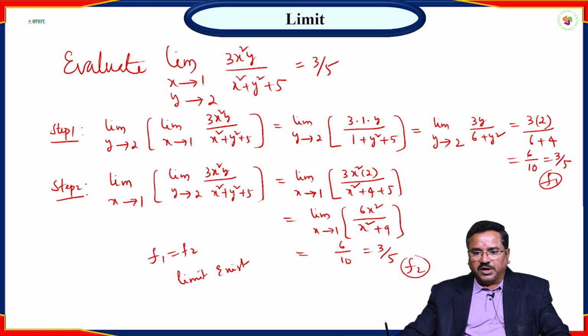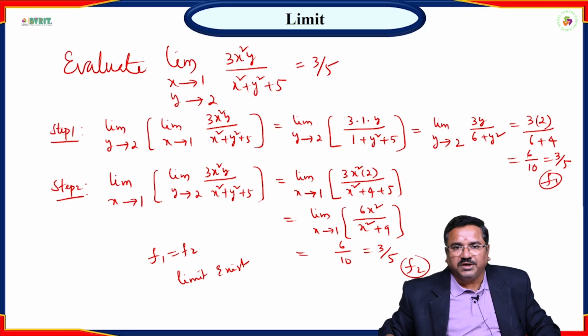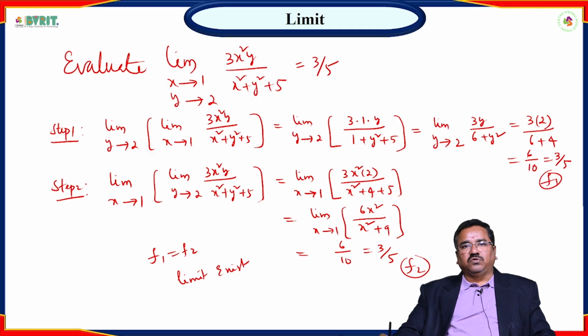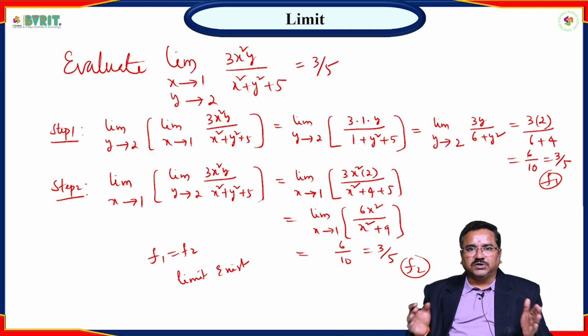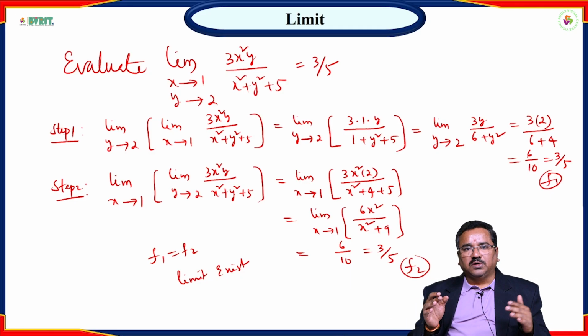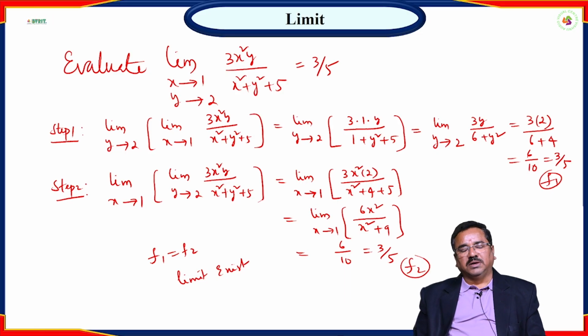So let me quickly summarize how to find the limit of a function of two variables. I categorize into 2: how to compute the limit about origin, and limit other than origin. Limit about origin, I gave 4 steps: x to 0 then y to 0, then y to 0 then x to 0. If these two are equal, we go to step 3, that is put y is equal to mx, and suppose the answer is f3.